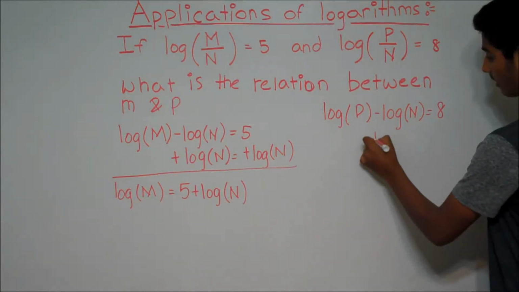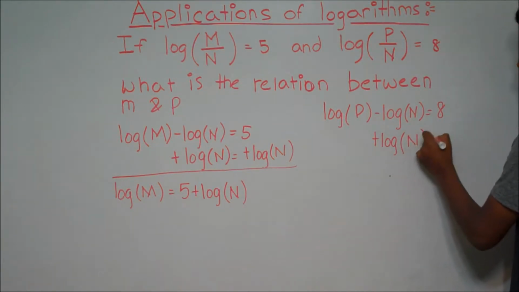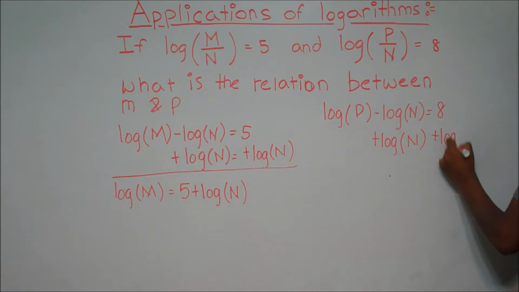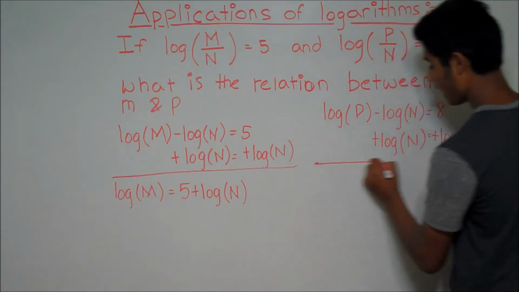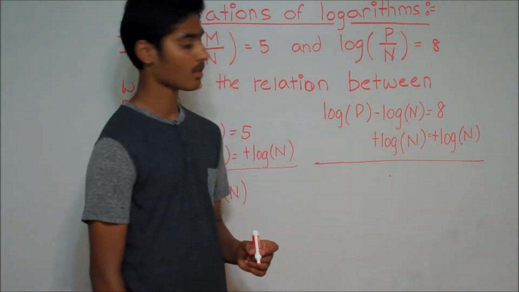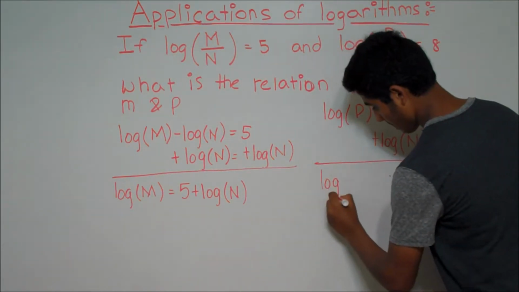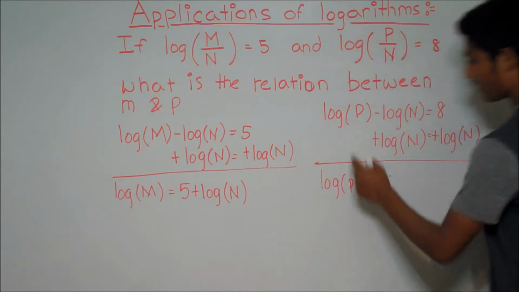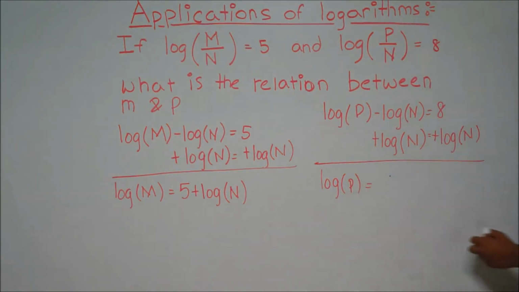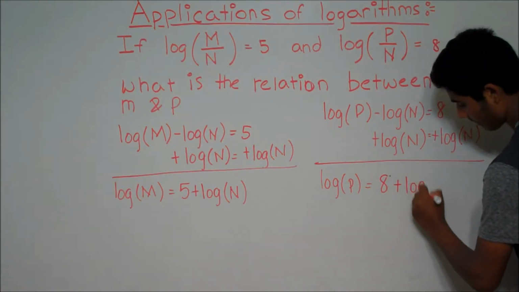Now we add log n to both sides. So here we get log p is equal to 8 plus log n.